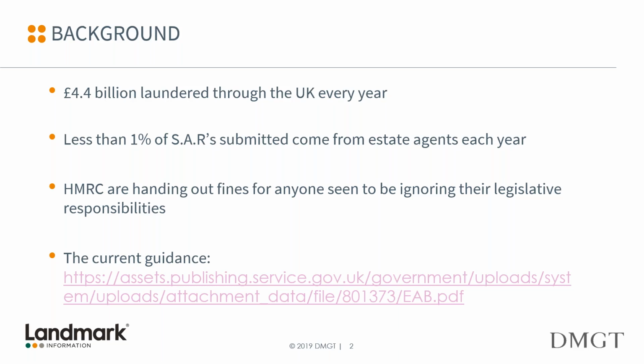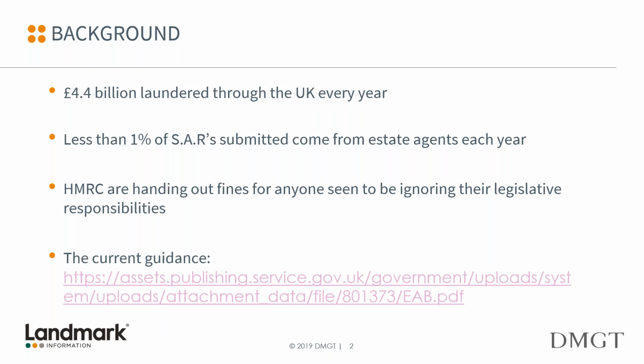And HMRC are ramping up activities to try and crack down on this problem with recent efforts such as their Flag It Up campaign you may have heard about. Because agents are the first person to come into contact with both the seller and the buyer, you are viewed as being in the best position to identify any suspicious activity early.